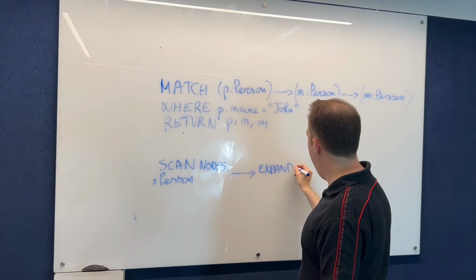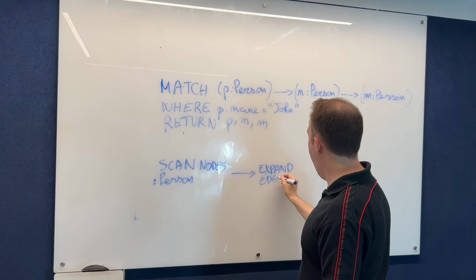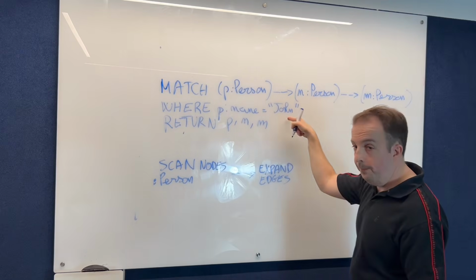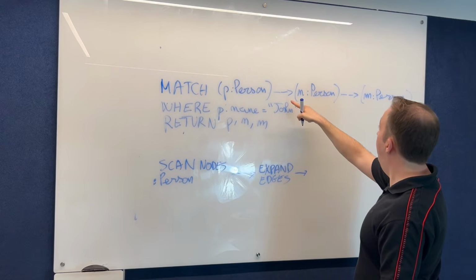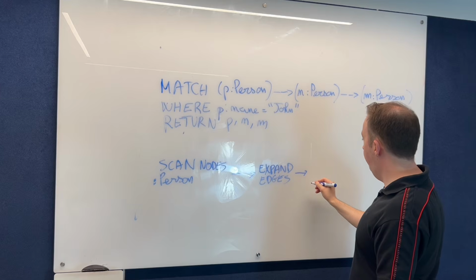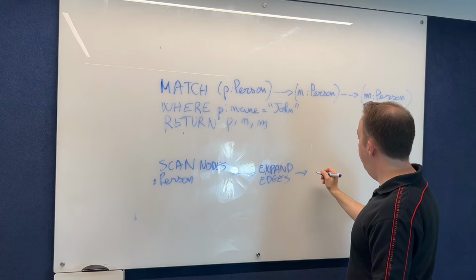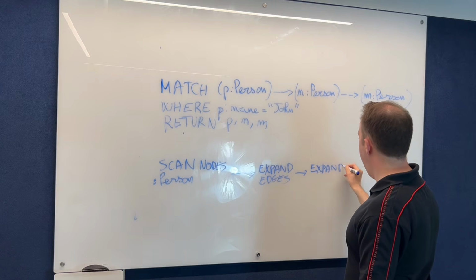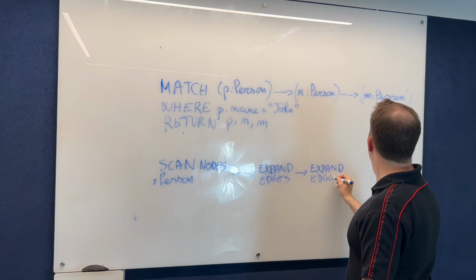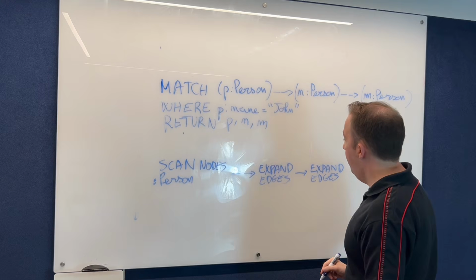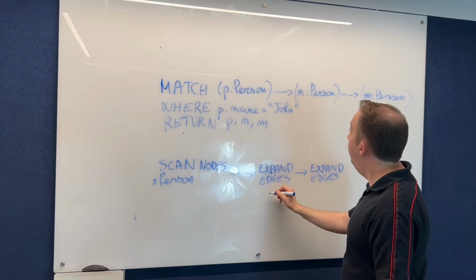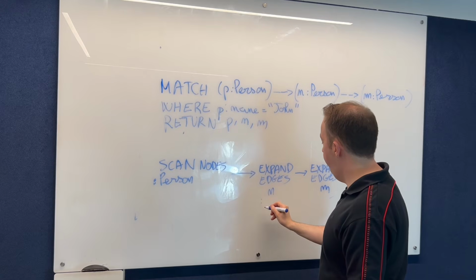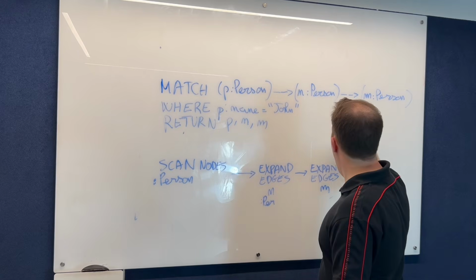expanding all the edges of P person, which is in my case John, and then doing another expansion for M. And so let's say this is N, let's say this is M, and actually I'm only interested in persons here.